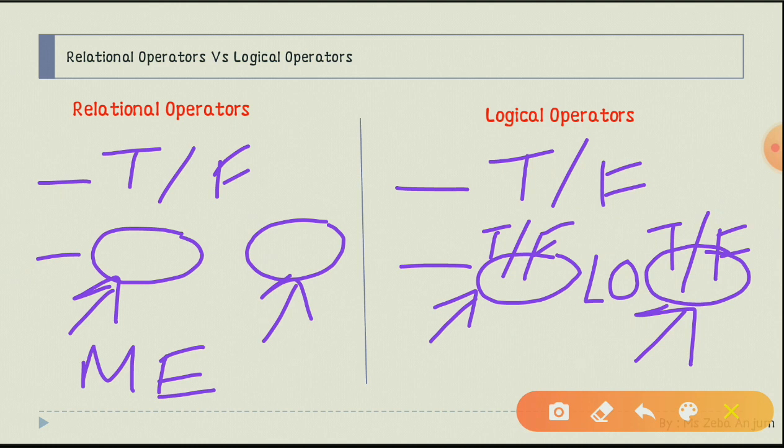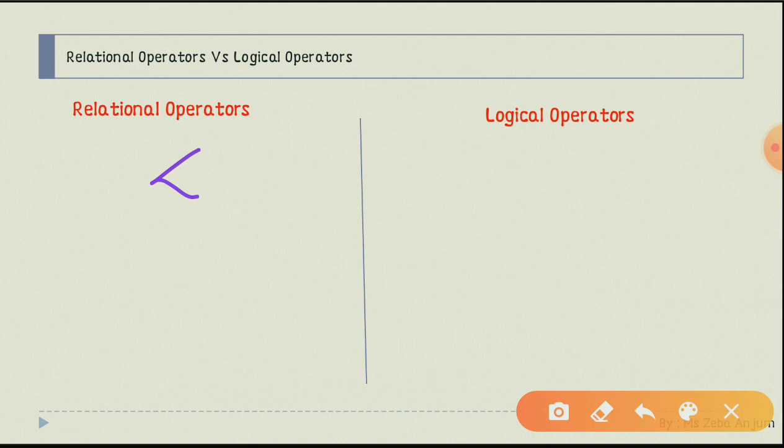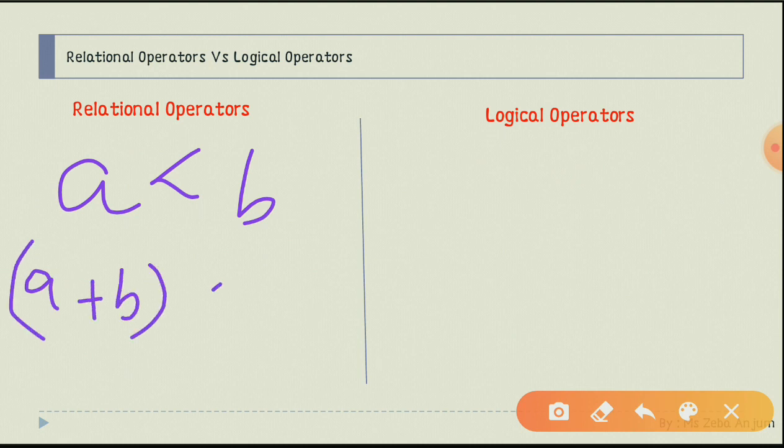Now let us see one example. Let us assume you have a relational operator as less than. For using this relational operator, either you can use a less than b, or you can use a plus b less than b plus c.